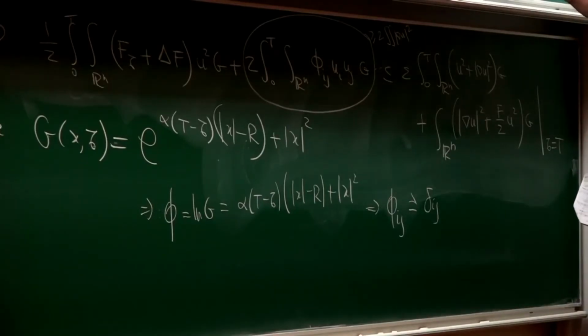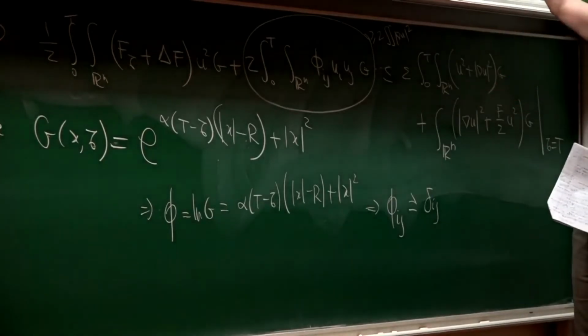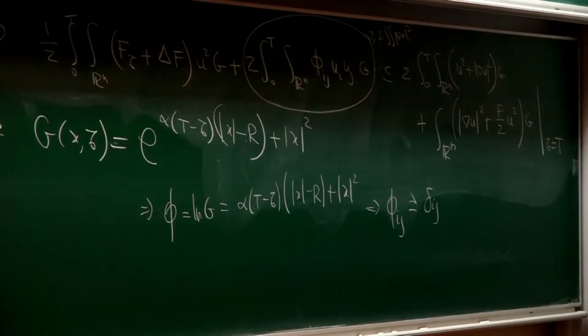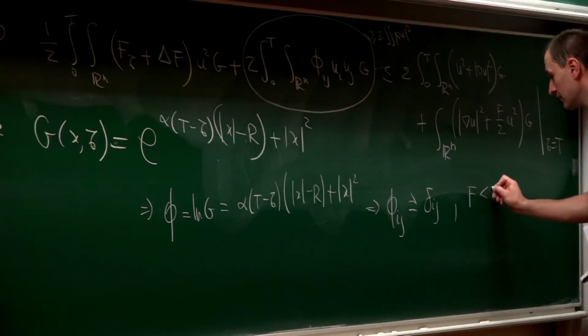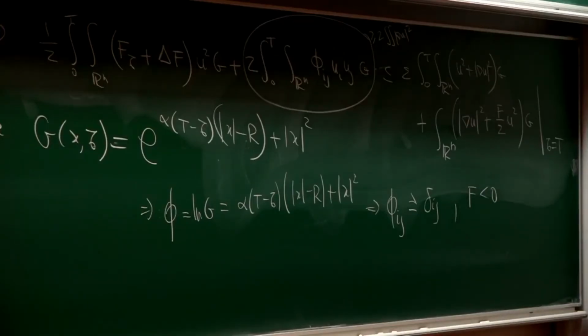You take g from here. You compute g tau minus Laplace g over g. And then you have to compute that. That will be f. Actually, f will be negative. So it turns out f is negative. I can ignore this term. It's negative, so I can throw that away. But you have to compute f tau plus Laplace f.